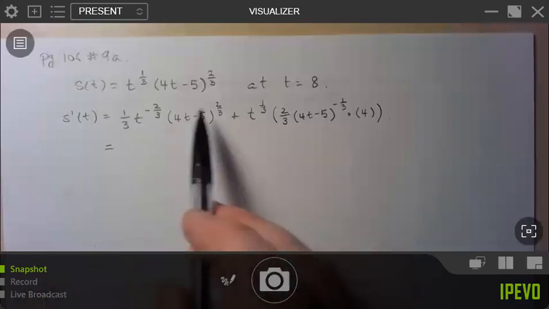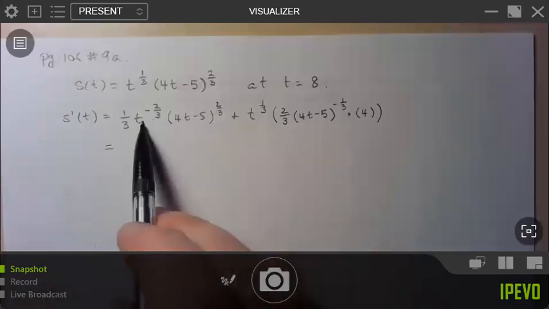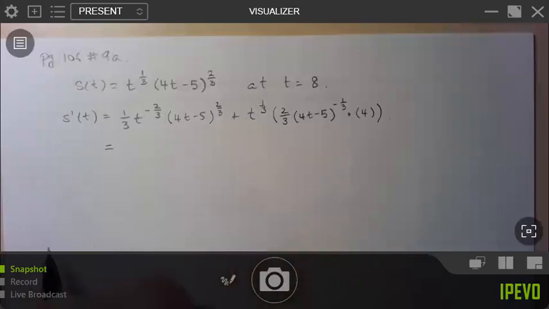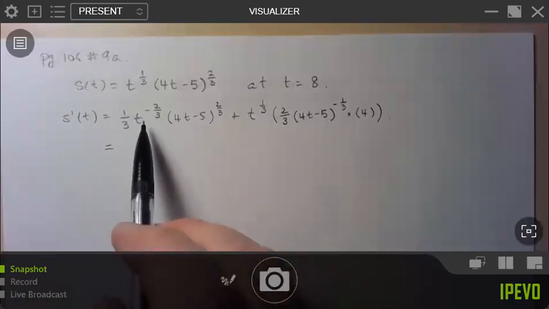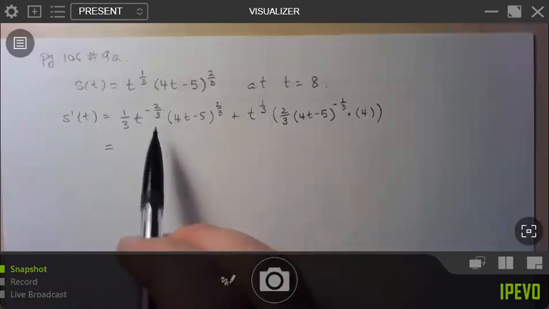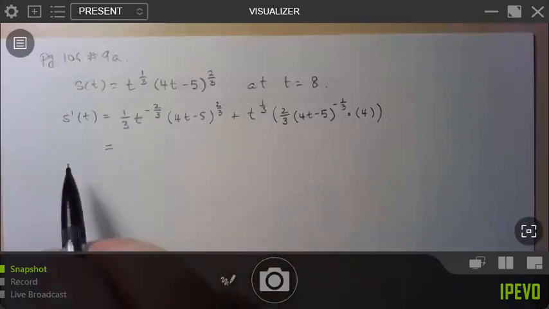If I look at my t powers, I have a t to the negative 2/3 and t to the 1/3. Usually what you want to try to do is factor out the exponent that's the smaller one, and the smaller one here is the t to the negative 2/3.